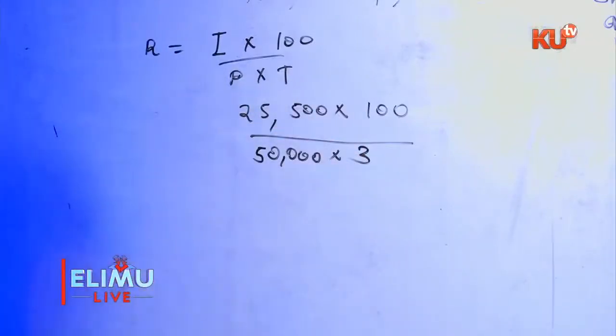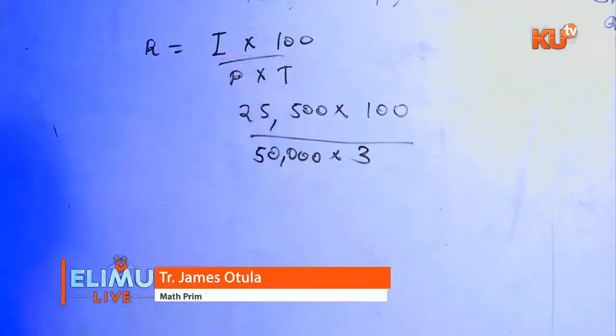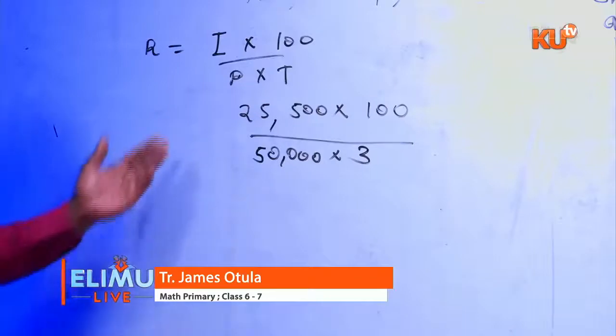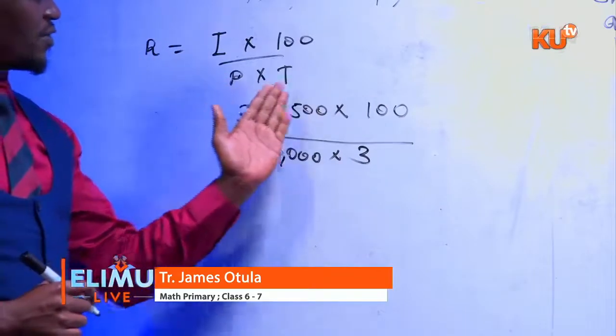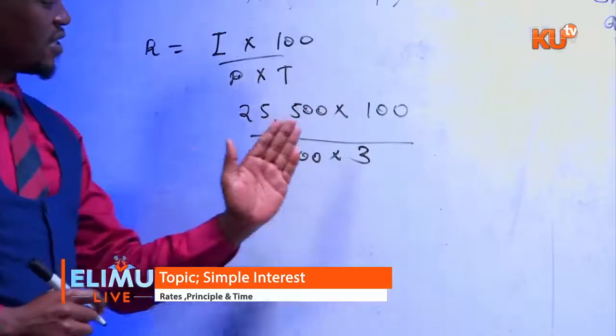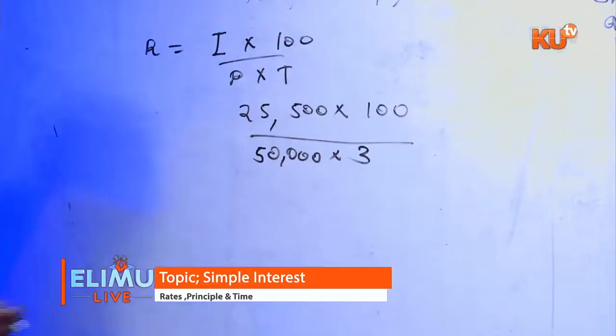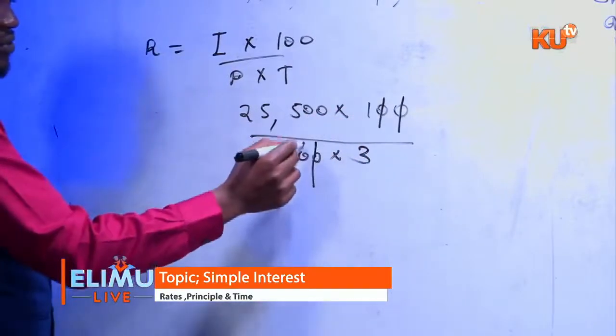As I said before, you simply simplify these sums. Don't go the long division or long multiplication of multiplying 25,500 times 100, then you divide by 50,000 times 3. No, just simplify. Let this 0 cancel with this one. This 0 cancels with this one.